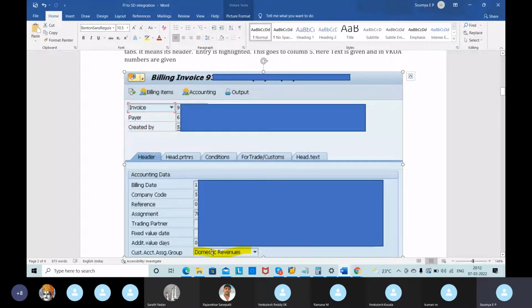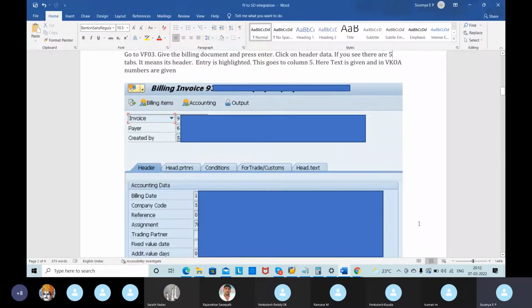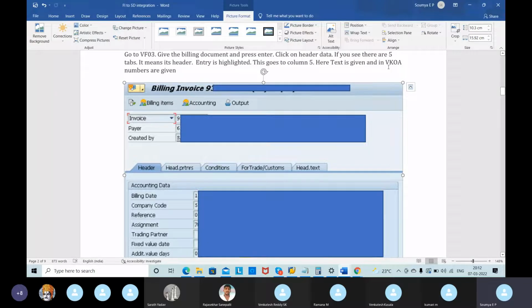We should go to VF03, give the billing document, press enter and click on the header. The highlighted entry goes to column 5. Here the text is given, and in VKOA the numbers are given.